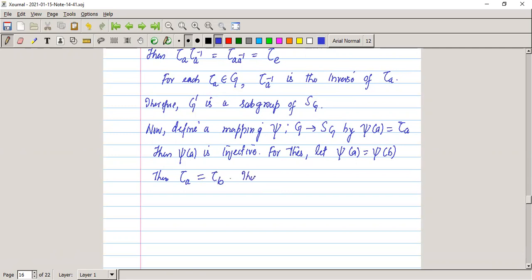And this implies tau_a of x is equal to tau_b of x. And by definition of the mapping tau, this implies that ax is equal to bx. And this implies a is equal to b by cancellation law in G. So therefore psi is an injection.